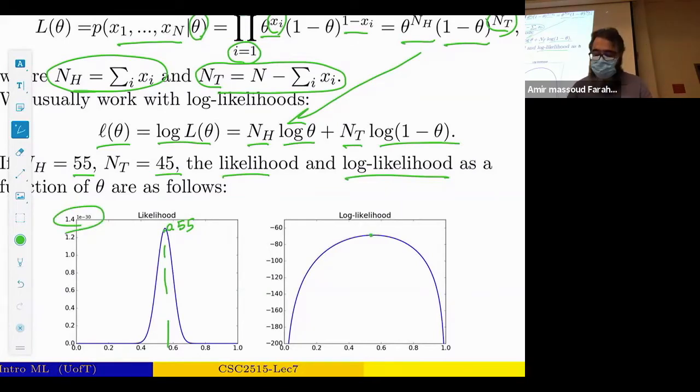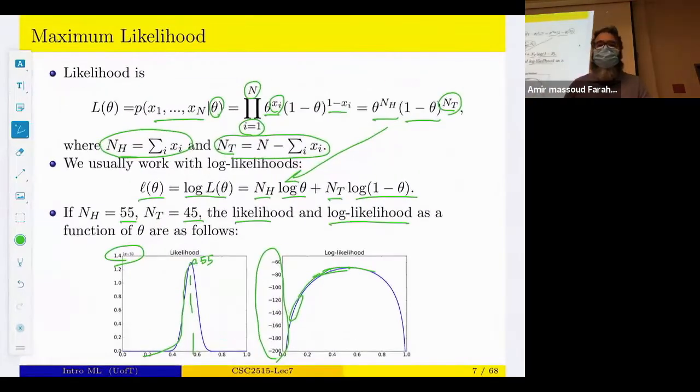So it's very small and it goes to 0 quite fast. But here, the range is much nicer. It's of the order of minus 100 or minus 200, and the structure is much nicer. Even in this range, you have values that are non-zero. So this makes optimization much easier, and numerically everything is nicer.